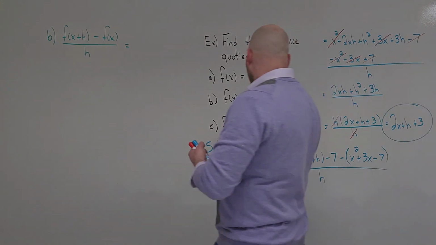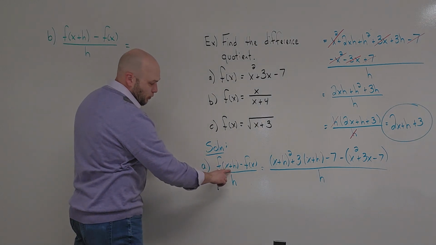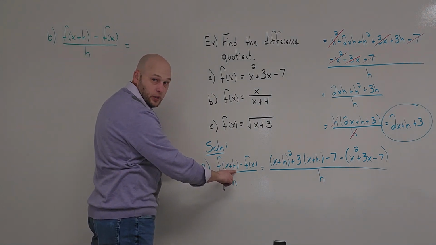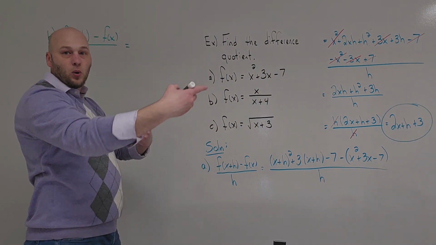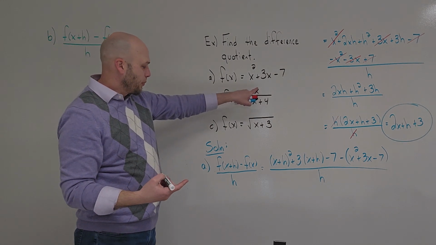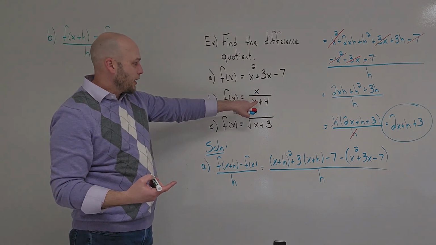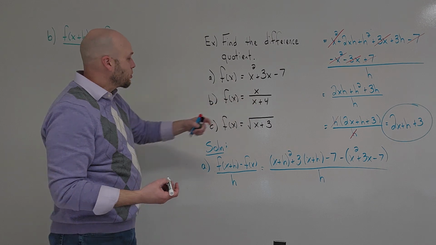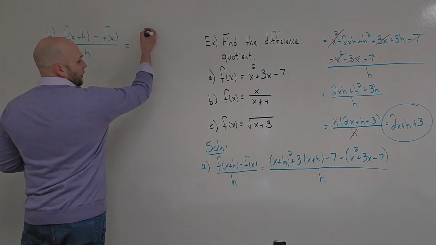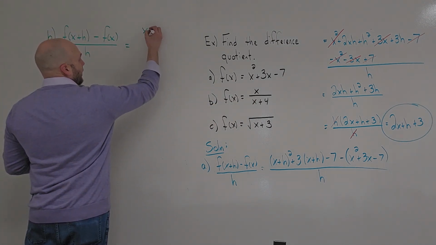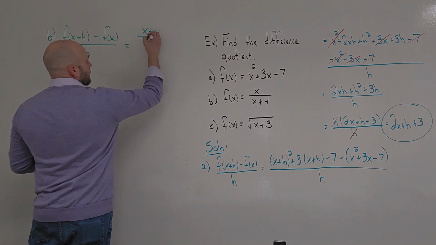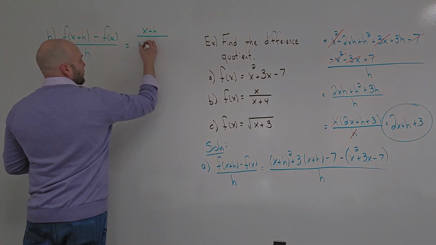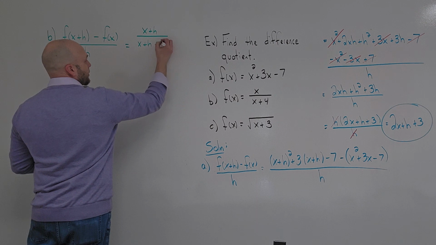All right, for f of x plus h, remember x plus h is your input. The inputs go where x is, so I'm going to replace this x and this x here with x plus h. That will give me x plus h divided by x plus h plus 4.